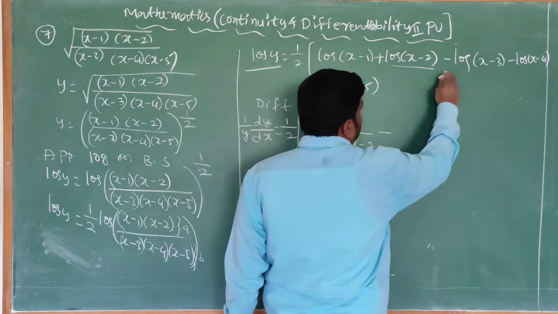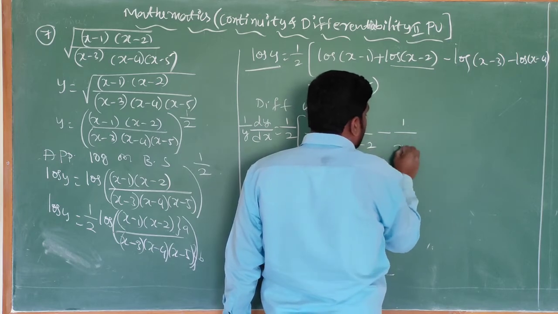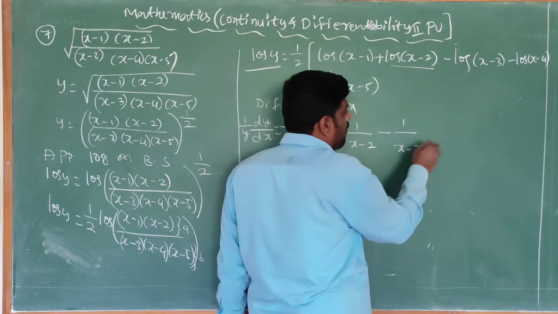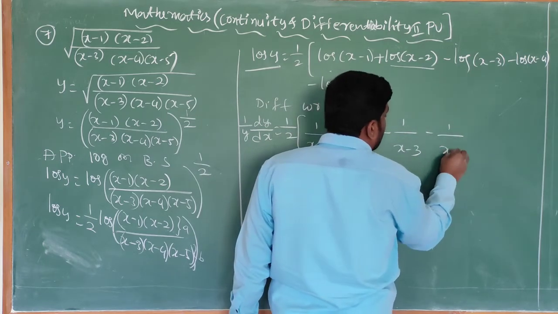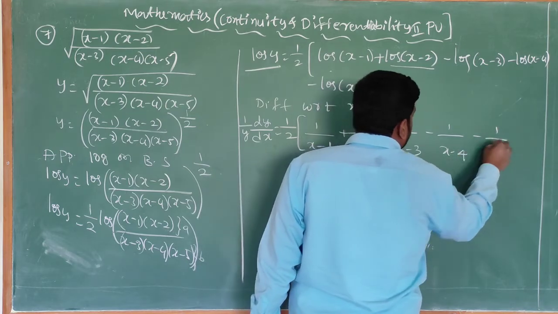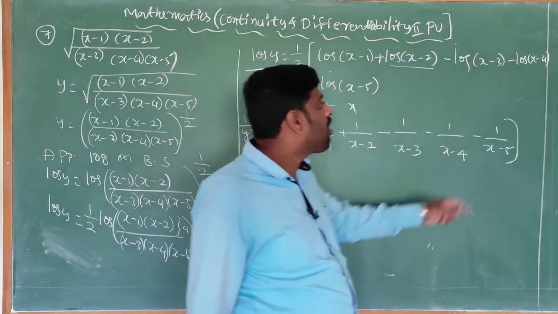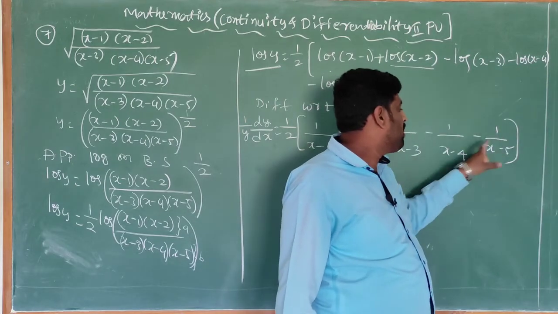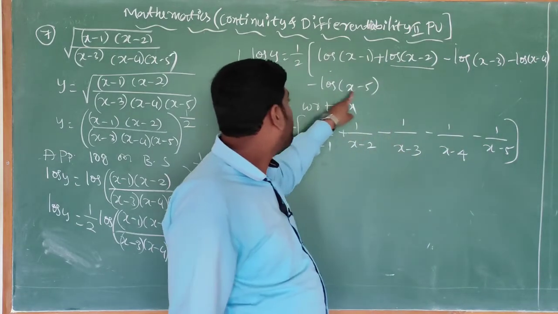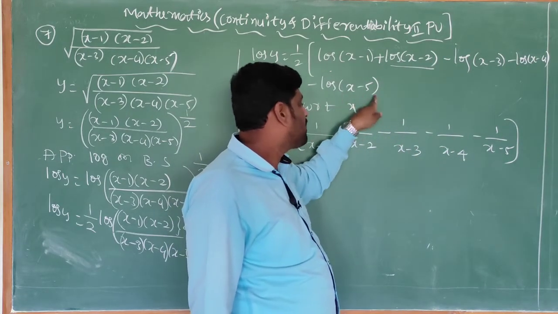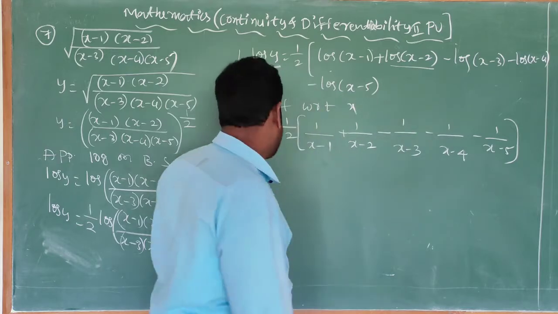Log of x minus 3 differentiation is 1 divided by x minus 3. Minus log of x minus 4 differentiation is 1 divided by x minus 4. Minus log of x minus 5 differentiation is 1 divided by x minus 5.